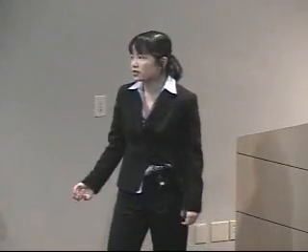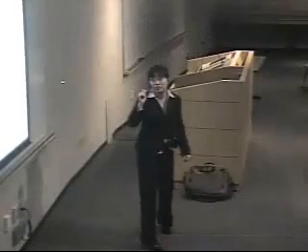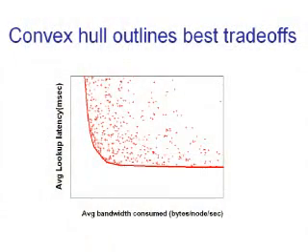So what we did is, for all of the other protocols, we simulate all the parameter combinations and plot a scatter plot. This is for one example protocol, and each point corresponds to one particular parameter combination for that protocol. On the x-axis, we plot the measured bandwidth consumption for that parameter combination, and on the y-axis, we plot the average lookup latency that results from it.